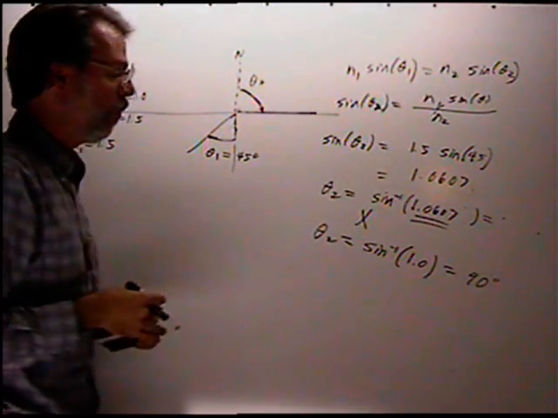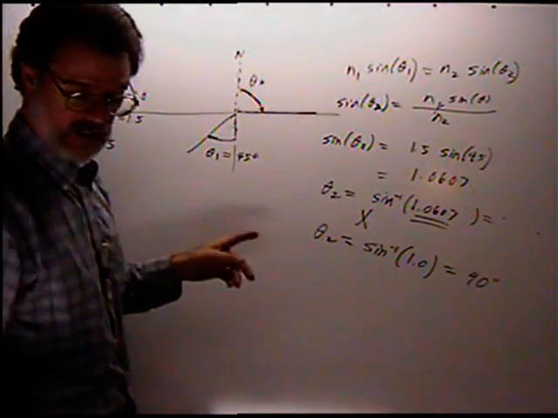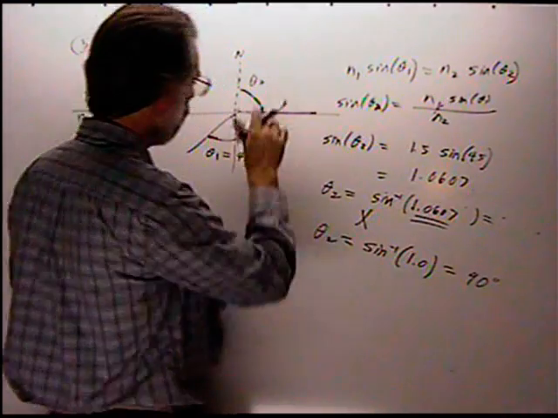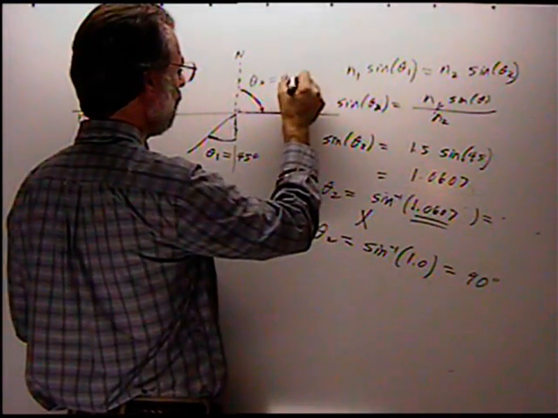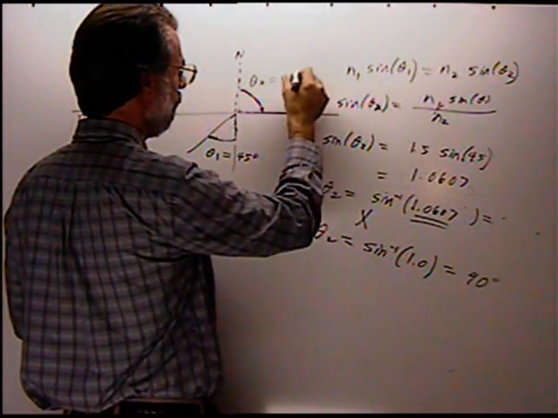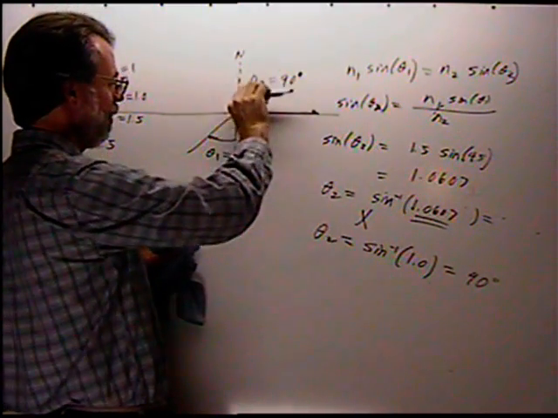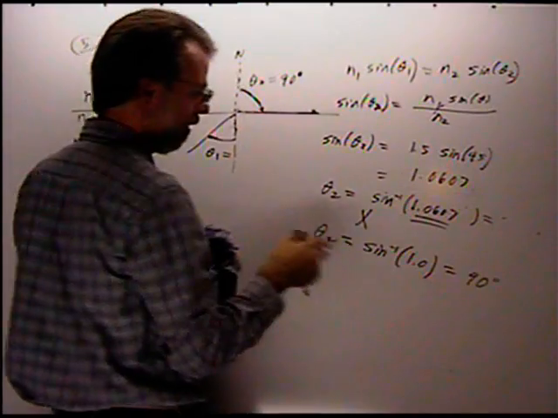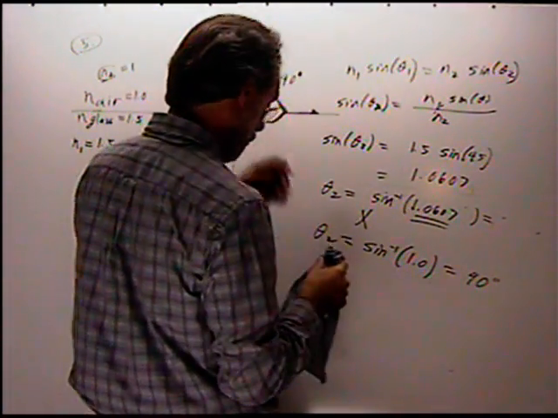What angle is this? Well, we can solve for that. Let's work this backwards. If we want this angle to be exactly 90 degrees, let's solve for what this angle is by working backwards.